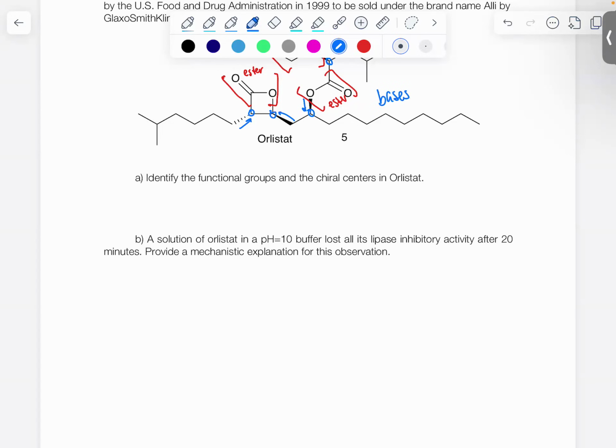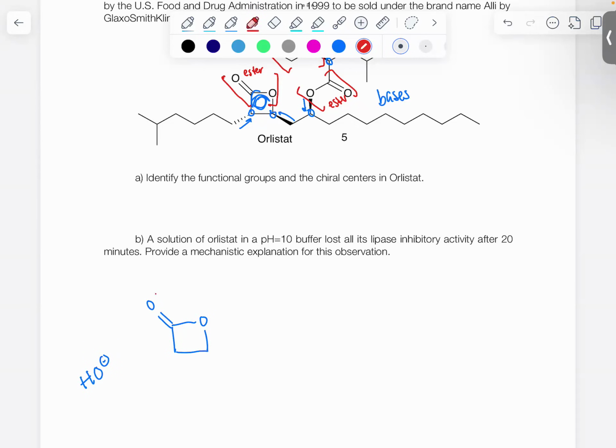And so in the presence of a base, we could have the opening of this ring. And that would definitely remove all of the function. And so to just hone in on this little part of the orlistat, we have this ester and any old base.